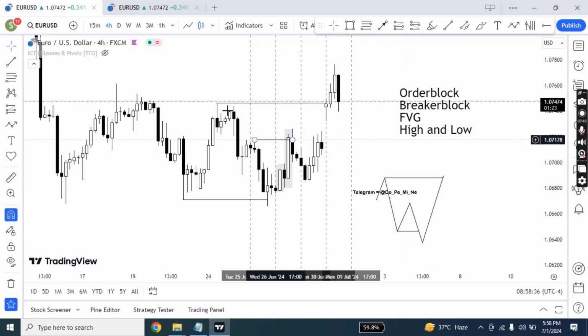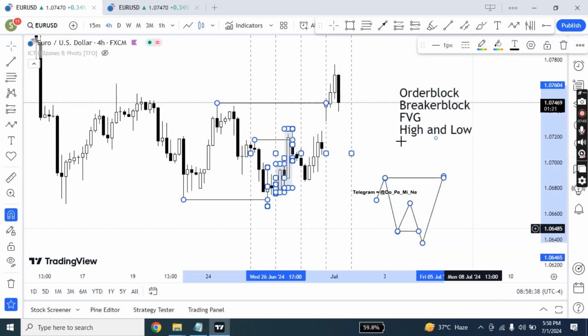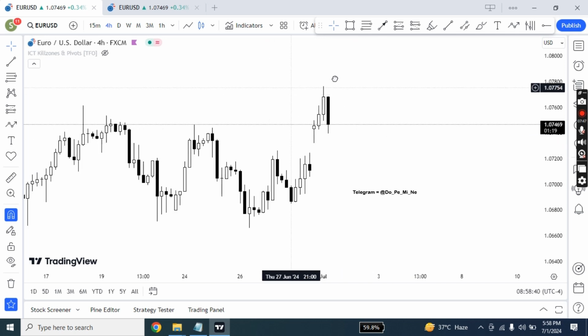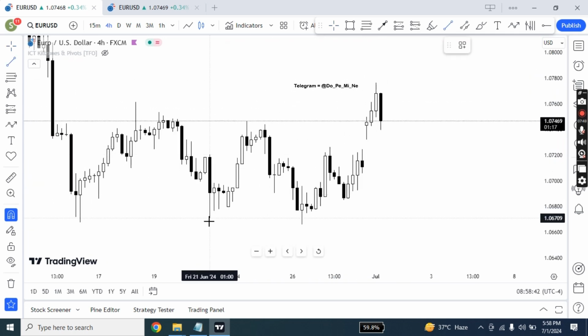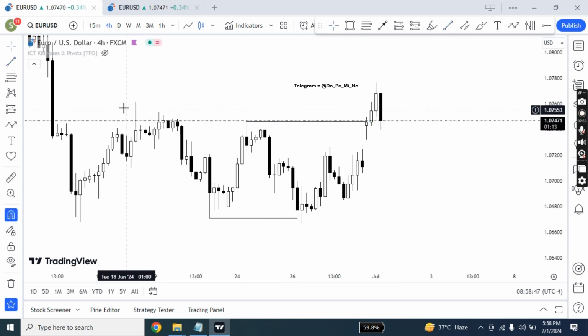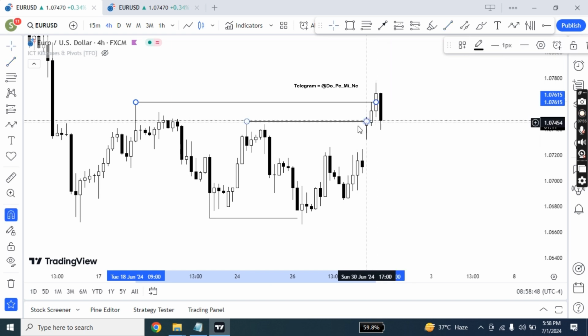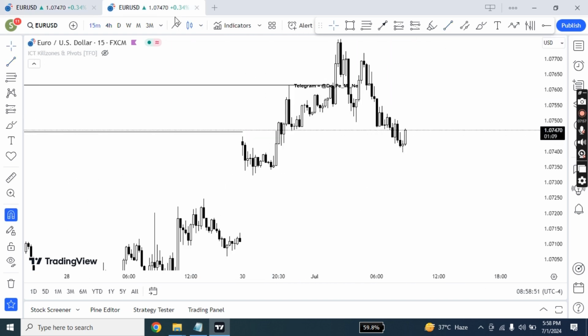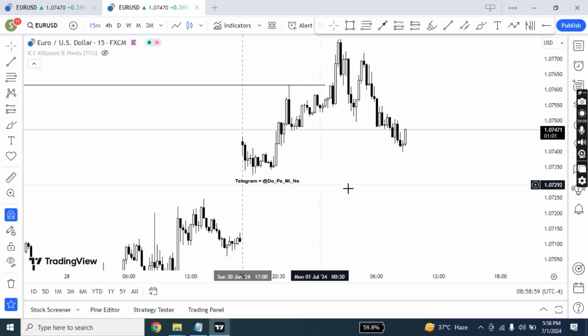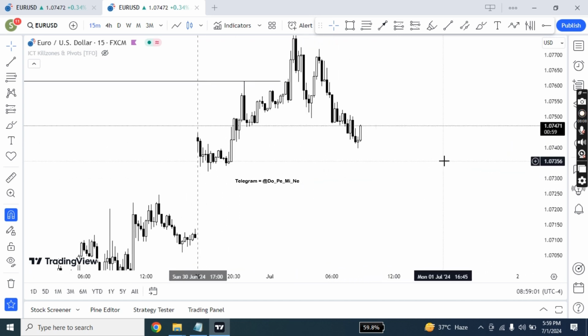Now let's remove all of this right here. So we've got this range low, this range high, but also this range high as well, right? Now this is Monday right here, and price opened with this huge opening gap right here, and it opened after 17 Eastern time or 5 p.m. Eastern time, right?